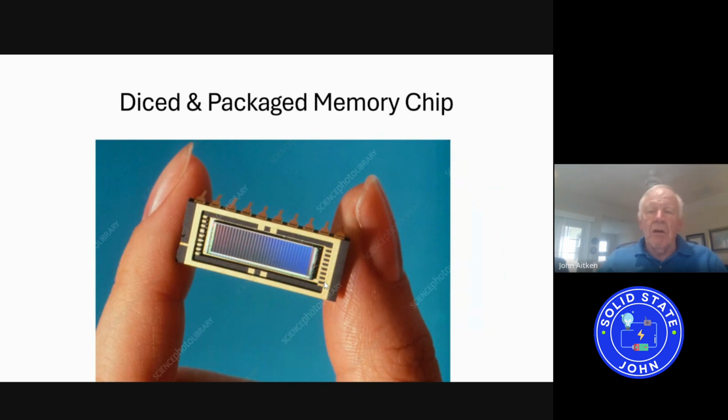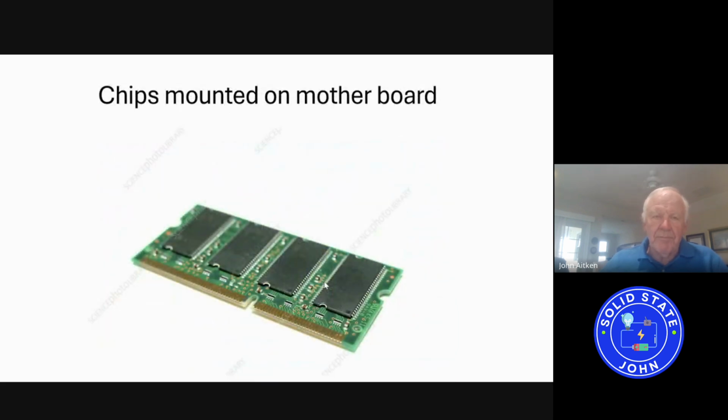This is a picture of a diced and packaged memory chip that you might find inside your phone or computer. The gold and black areas are areas that either insulate or conduct electricity to contacts on the chip. The blue patterns on the inside are actual transistors or other circuit elements that are needed for the operation of the chip.